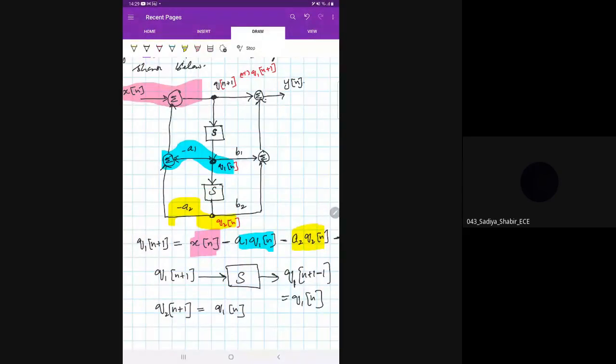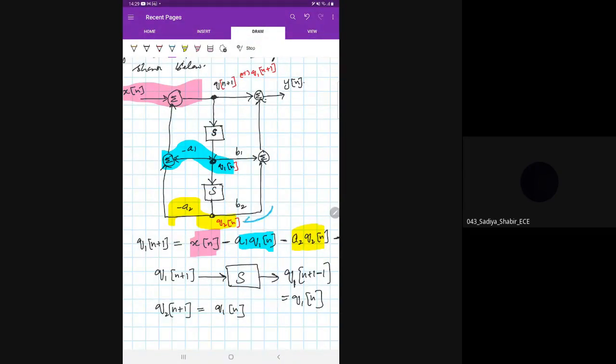Why? The same thing is here. See, you have q2 of n here.